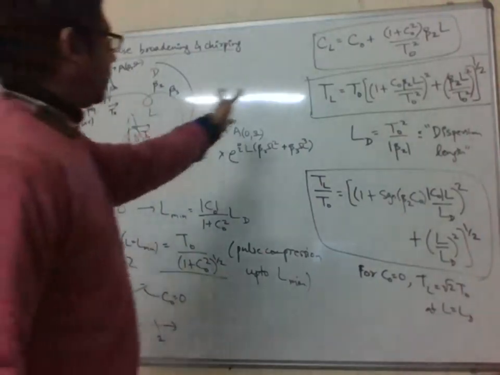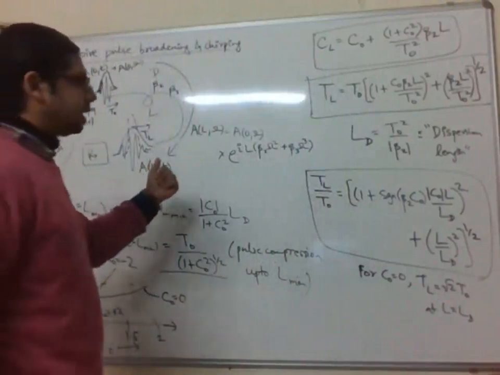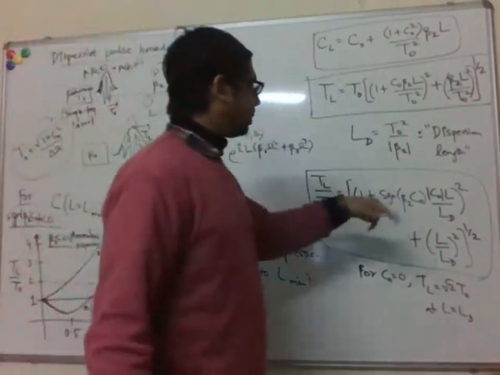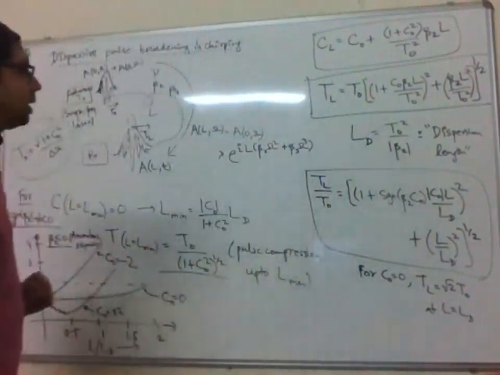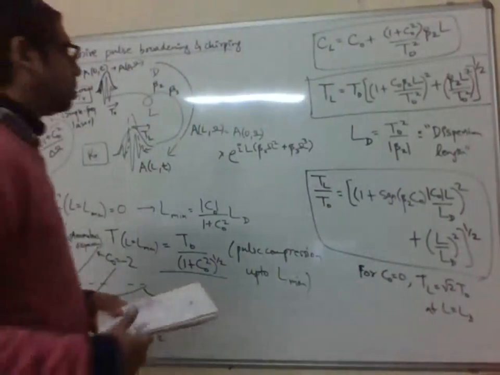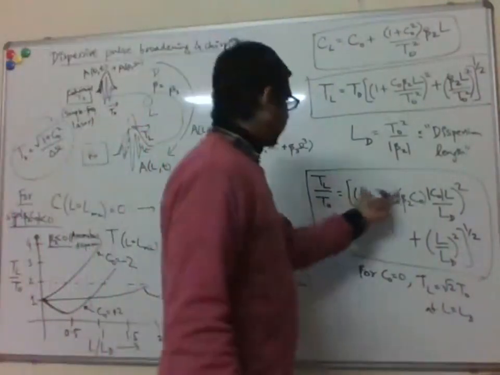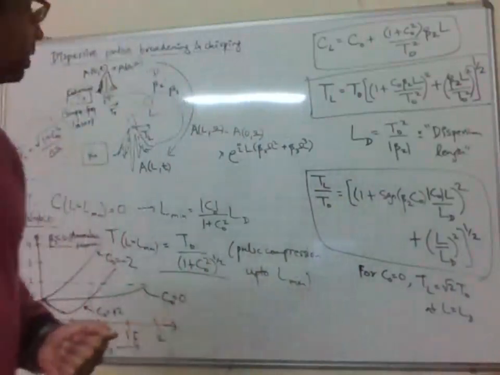Okay, if you go back, we started from this pulse propagation equation and neglected the beta 3 term. We said beta 2 is dominant over beta 3. But if you include the beta 3 term also, one can calculate what this broadening factor will be. Of course, it becomes much more complicated.